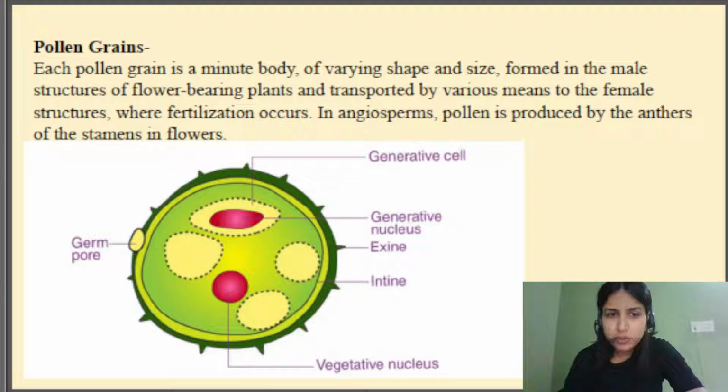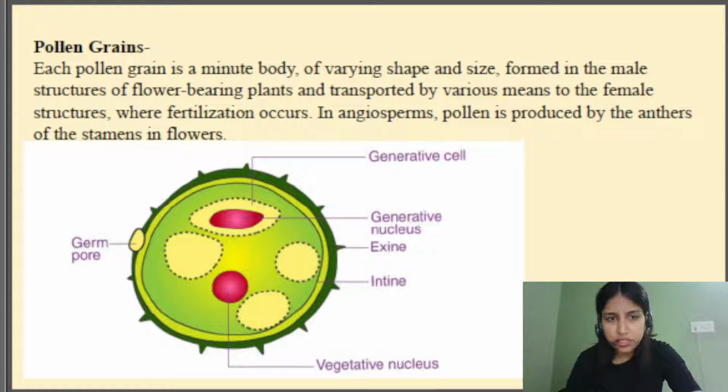And where the pollen tube will be formed, if there is a layer, this spore pollen layer that is present at the outermost side of the pollen? So this is a rough layer which protects the pollen from the outside rough environment. A rough layer is present to protect the pollen from it.